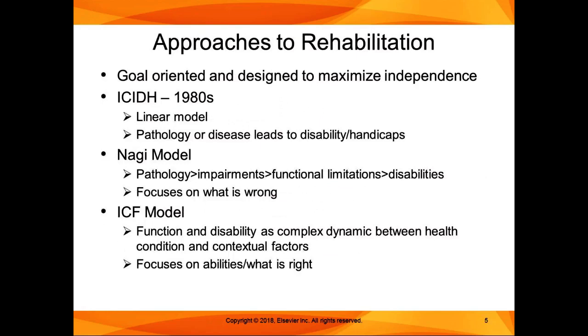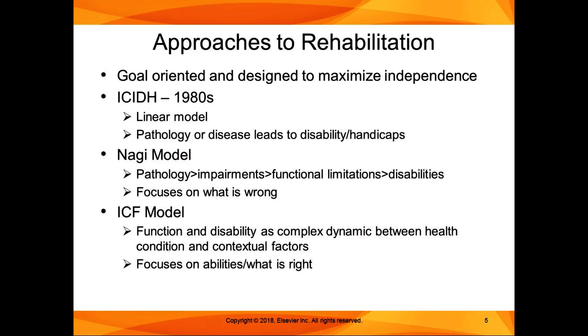So there are lots of different approaches to rehabilitation, and this slide really just talks about the different ones they talked about in the book. From the 80s, there was a more linear model: pathology or disease leads to disability or handicaps. There is a model, the Nagy model, which focuses on what is wrong.